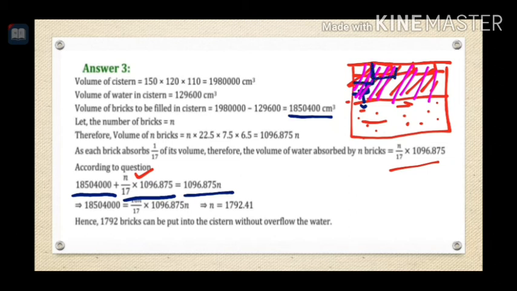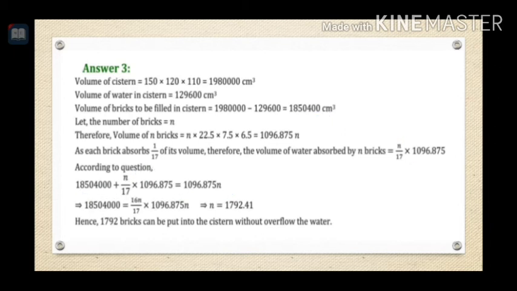Suppose there is n number of bricks. So the volume of these bricks is equal to the volume of this empty space plus the volume of absorbed water by the bricks. So this will be the equation. Just compute this equation, you will get the value of n as 1792.41. Now the number of bricks cannot be a decimal, and since this 0.41 is less than 5, you can consider there will be 1792 bricks that can be put in the cushion.